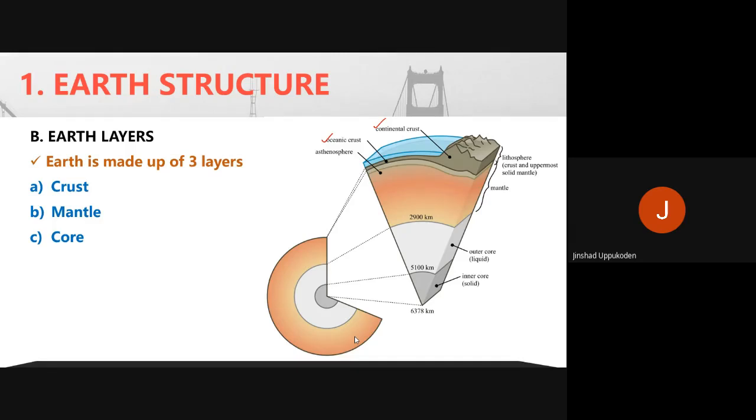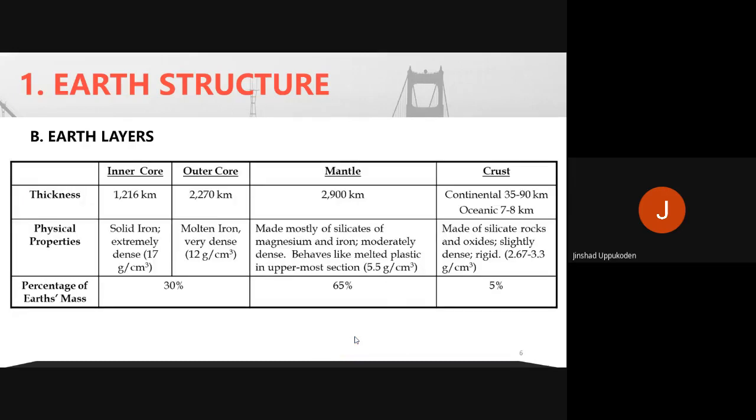Here are the different layers. The last one here indicates the crust. The continental crust is a minimum of 35 kilometers and a maximum of 90 kilometers, especially in the case of mountainous regions. You can have the thickness of the crust up to 90 kilometers. The oceanic average is 5, but it varies between 7 to 8.